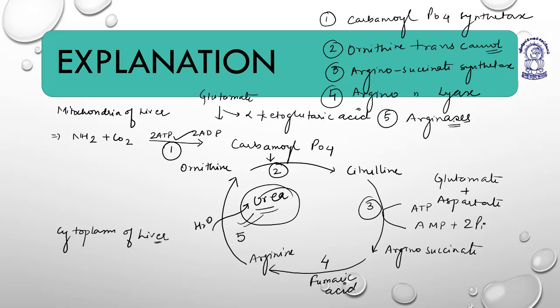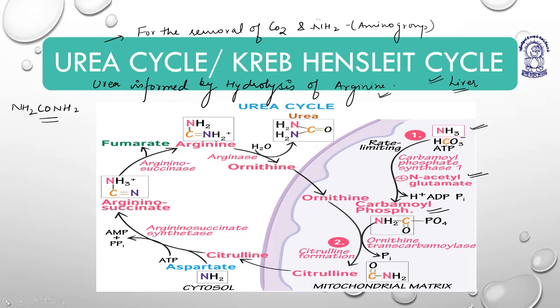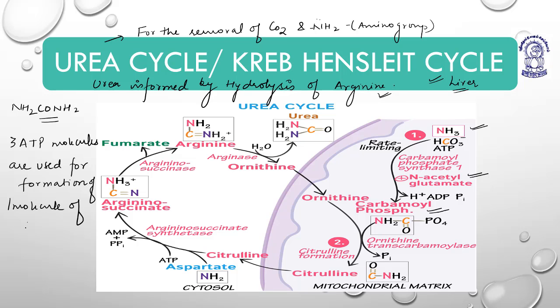So please remember this Krebs-Henseleit cycle. 3 ATP are used for the formation of one molecule of urea. 4 phosphate bonds are broken for formation of one molecule of urea.